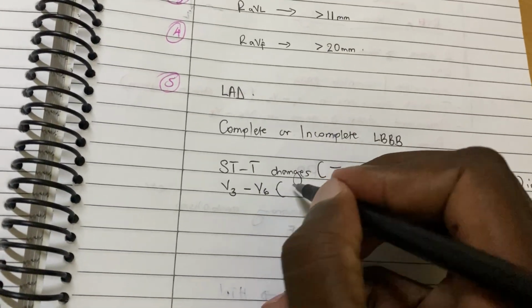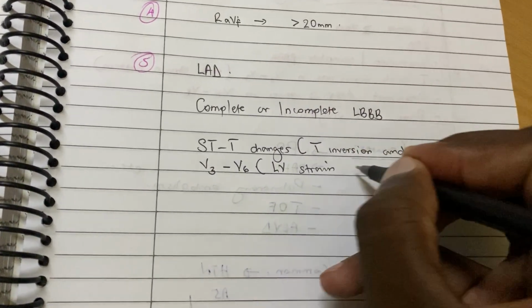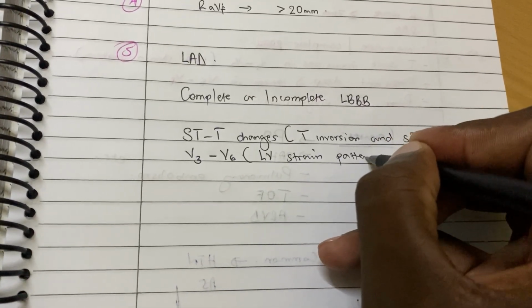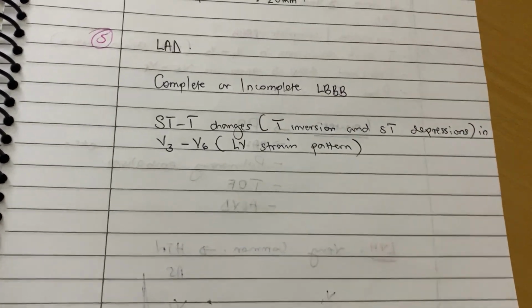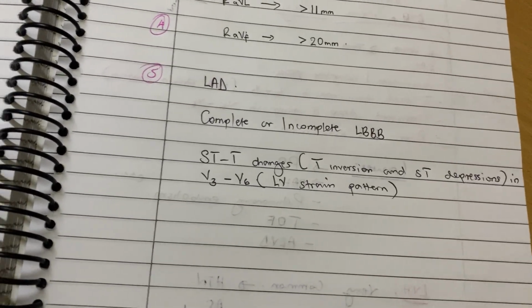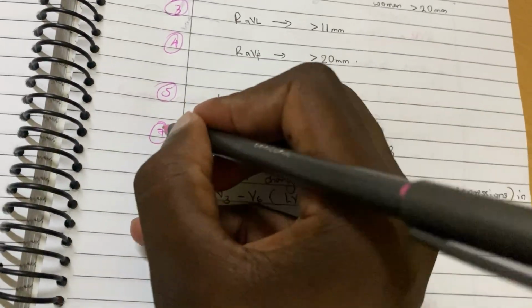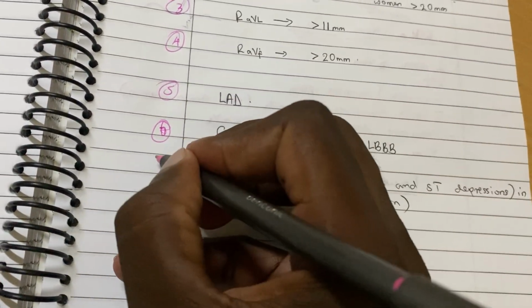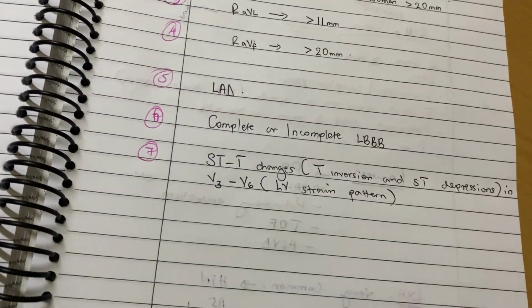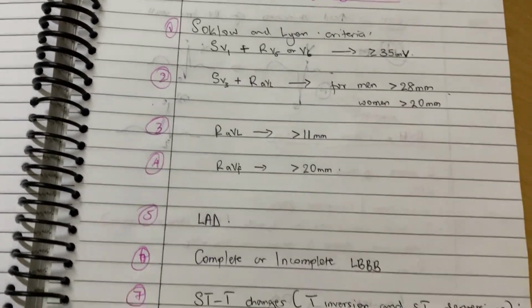These ones are called LV strain pattern. So how many? 6, 7 diagnostic criteria for LVH.